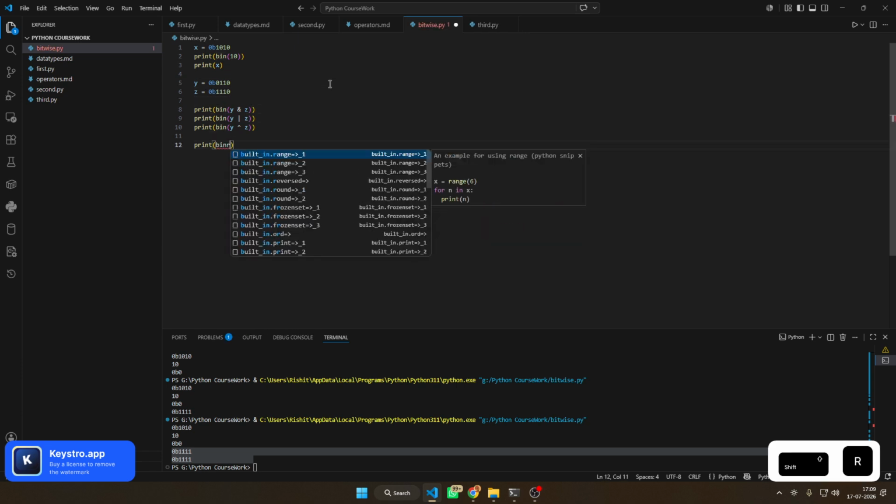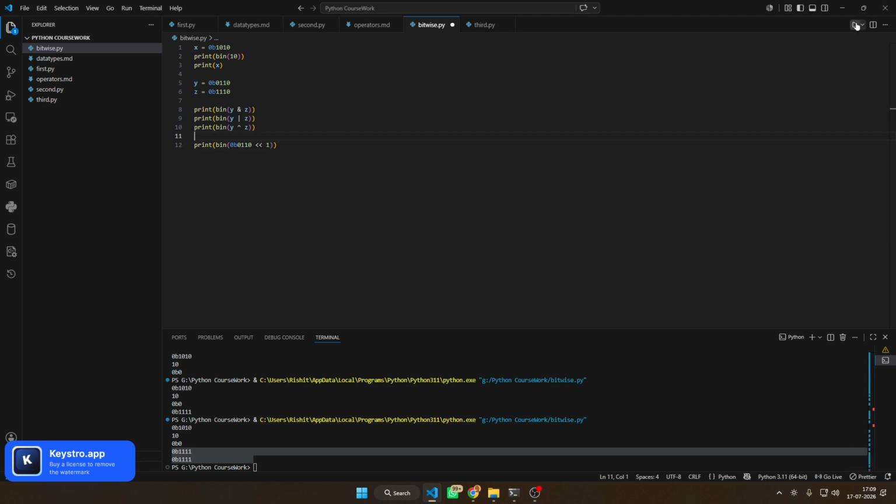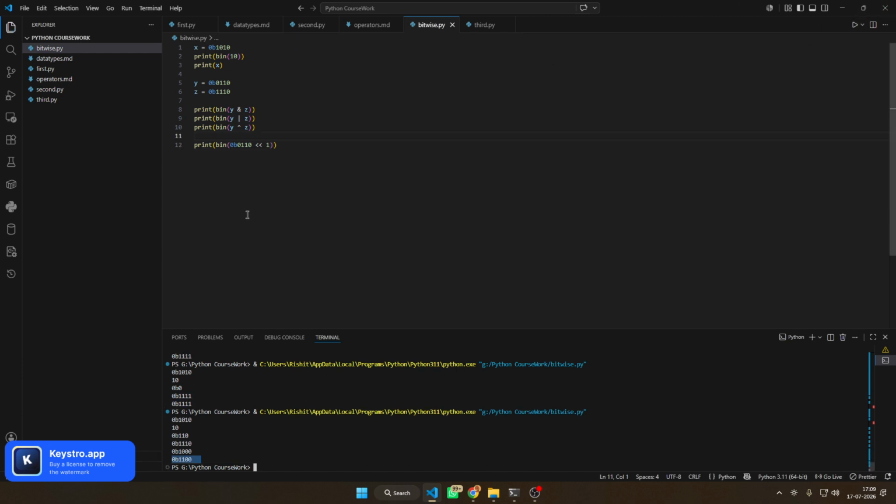So the binary representation of 0110, and we write this as 0b, so it's a binary number, and we are shifting it left by, let's say, one digit. Let's print that out. What is the output? 1100.